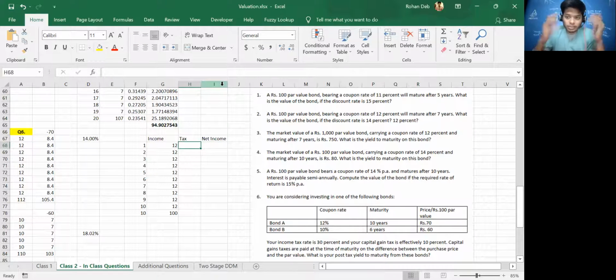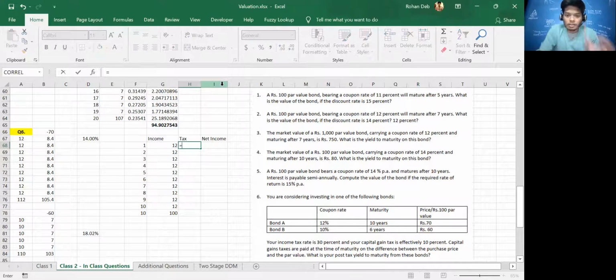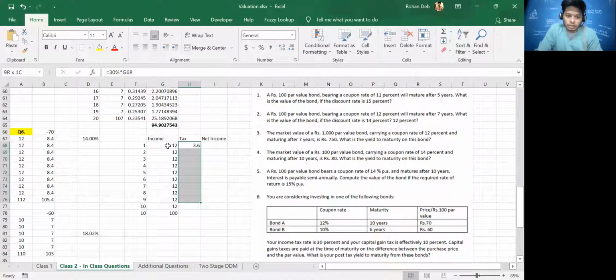I think it'll be easier for you to visualize instead of directly writing the figure. So in normal cases, you get 30% income tax, so it's 30% of your income, and you'll have to pay that tax on your coupon interest. And for the capital gain, you have to pay 3 rupees.